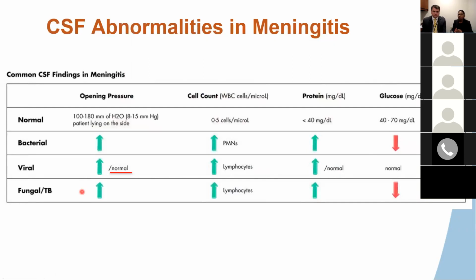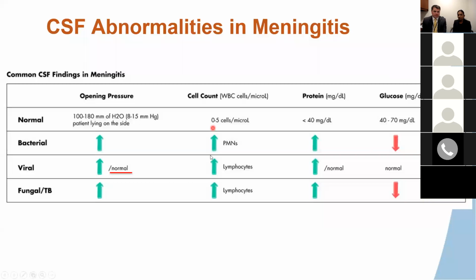When my attending taught me this, one of the reasons is that when fungal organisms multiply, they take up so much space in the small CSF area that it creates so much pressure because they're constantly multiplying. So definitely fungal organisms cause higher opening pressure, but they all can cause high opening pressure.